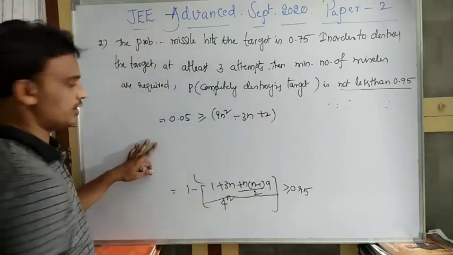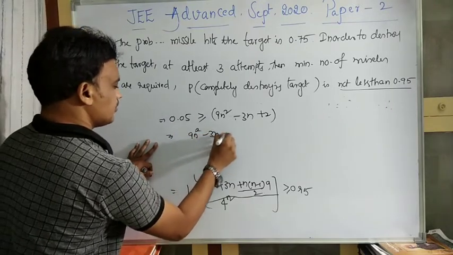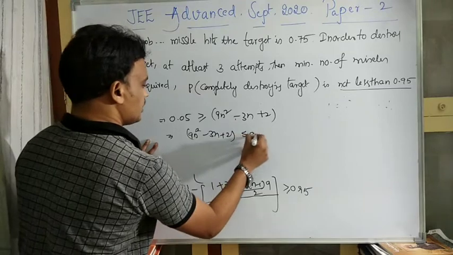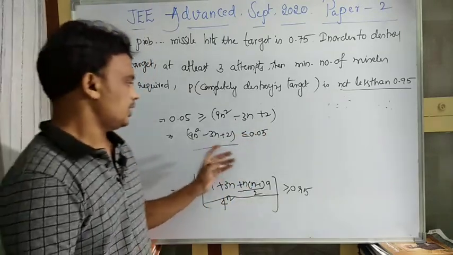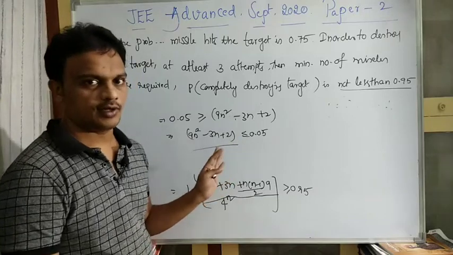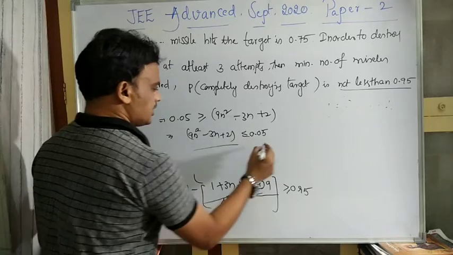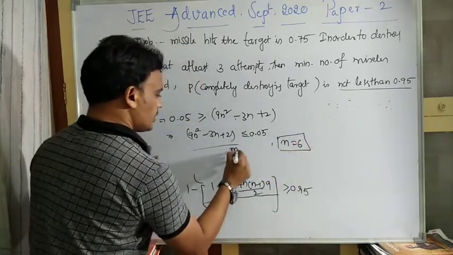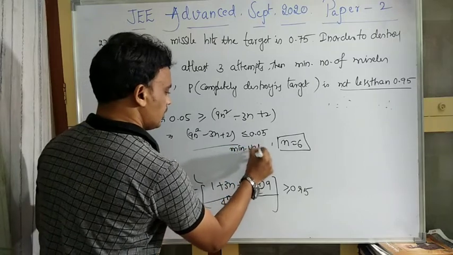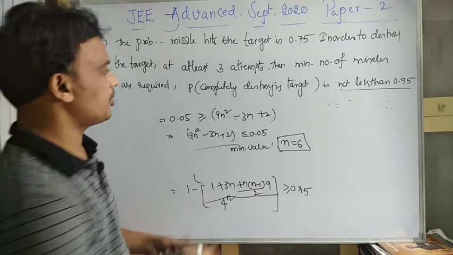So this will be the equation. We can write 9n square minus 3n plus 2 is less than or equal to 0.05. Then check by substituting n values, and you will get the minimum value which satisfies this inequality. So the minimum value of n should be 6. That is the problem, a simple problem.